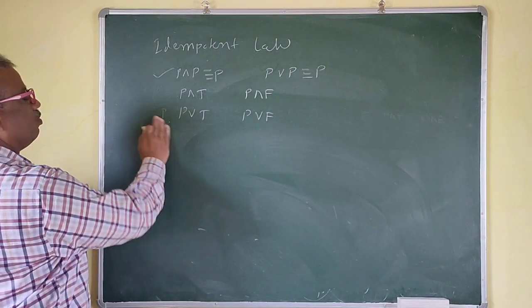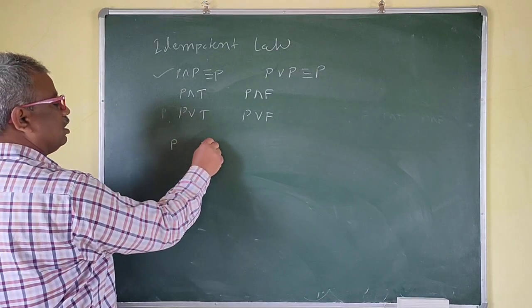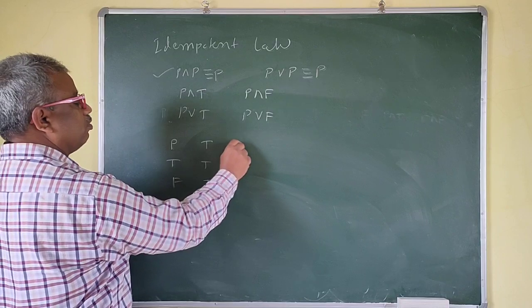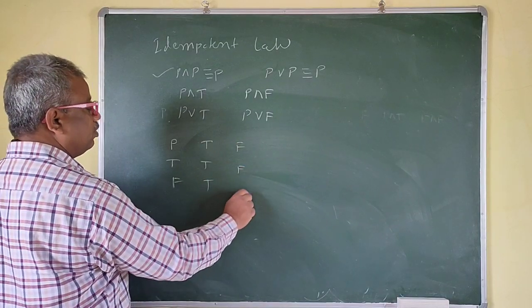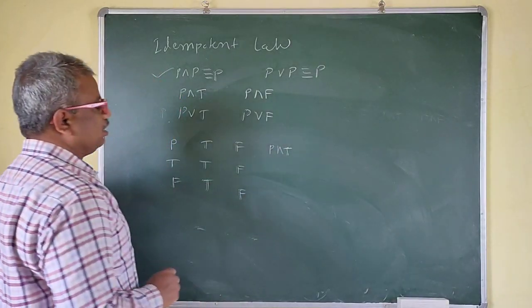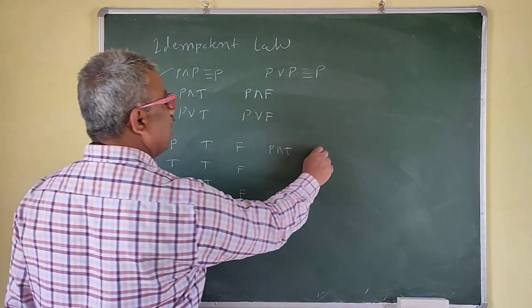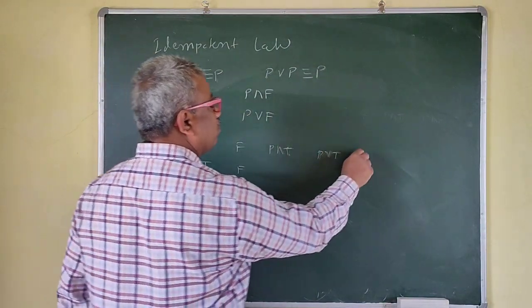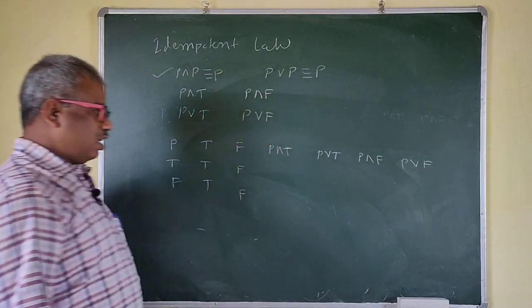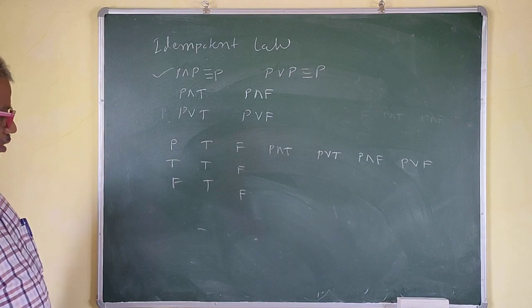These we find first. Okay, so we'll write once again. We are interested in P and T, P and F, P or T, P or F. So with the help of the truth table, we'll judge this.